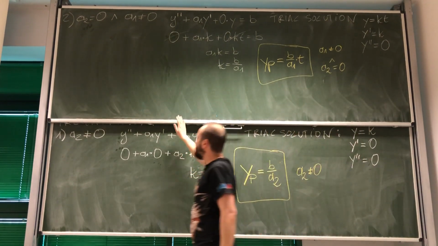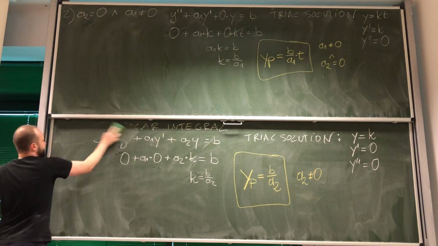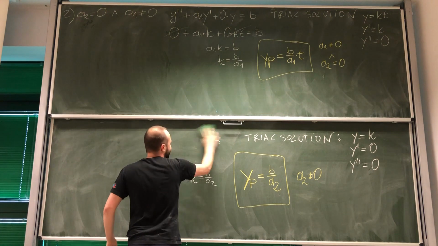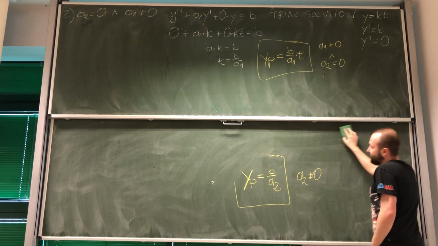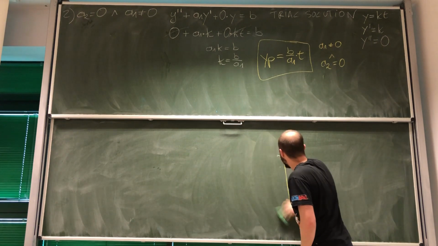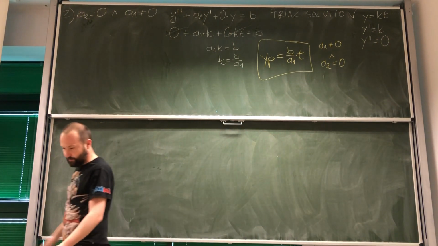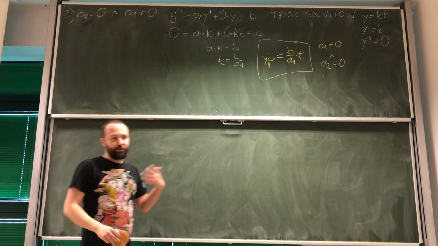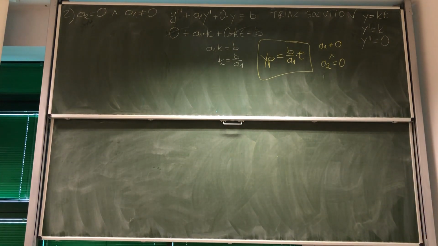Okay, so now that we've got this, what if they are both 0? What if both A1 and A2 are equal to 0? So now we see that if they are both equal to 0, the two solutions that we had are no longer going to work.